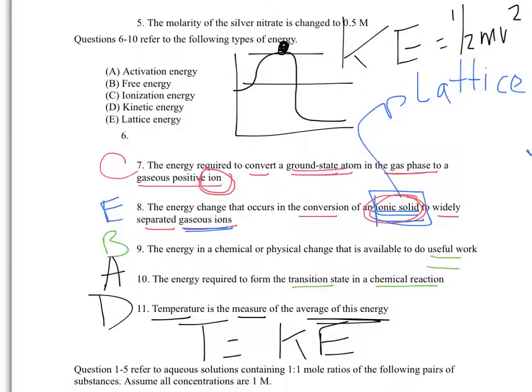One-half mv squared. If me and Jacob run into the wall, which one of those would be greater for me? M. Which one would be greater for him? Velocity. They will mathematically proportion out to where our energies are the same at the same temperature. If we're at different temperatures, then it'll be different energies. But the energy is the same no matter the speed. Do velocities and speeds change? Yes. Does that make sense? Okay.